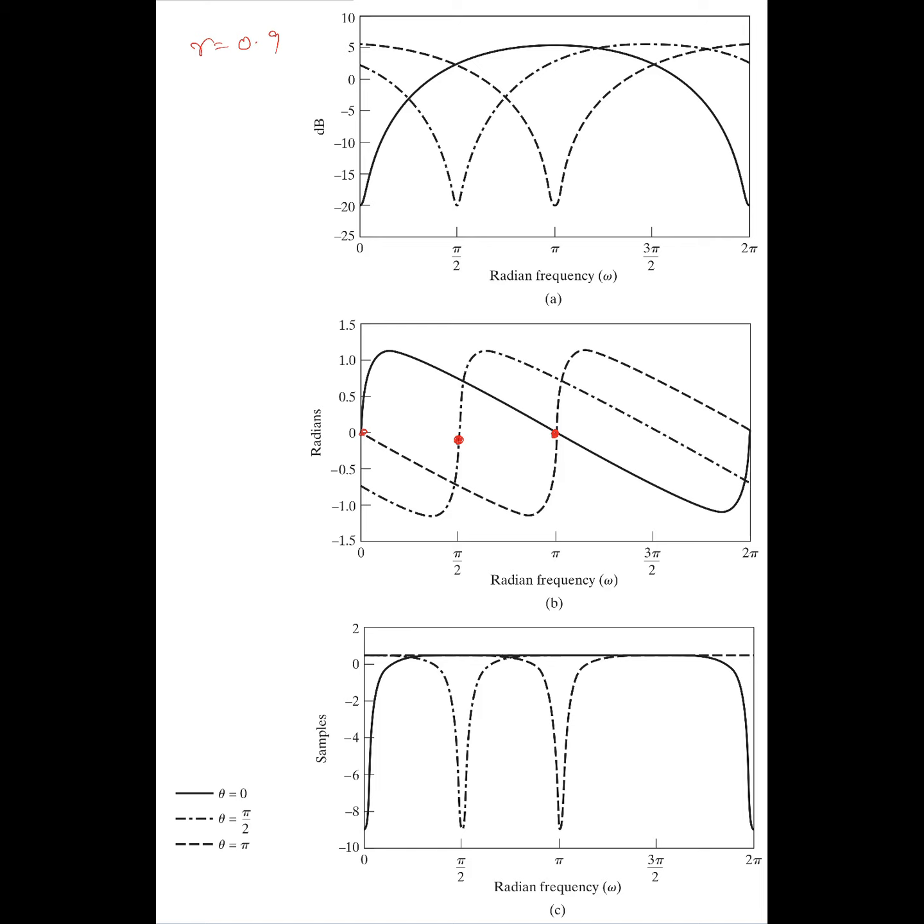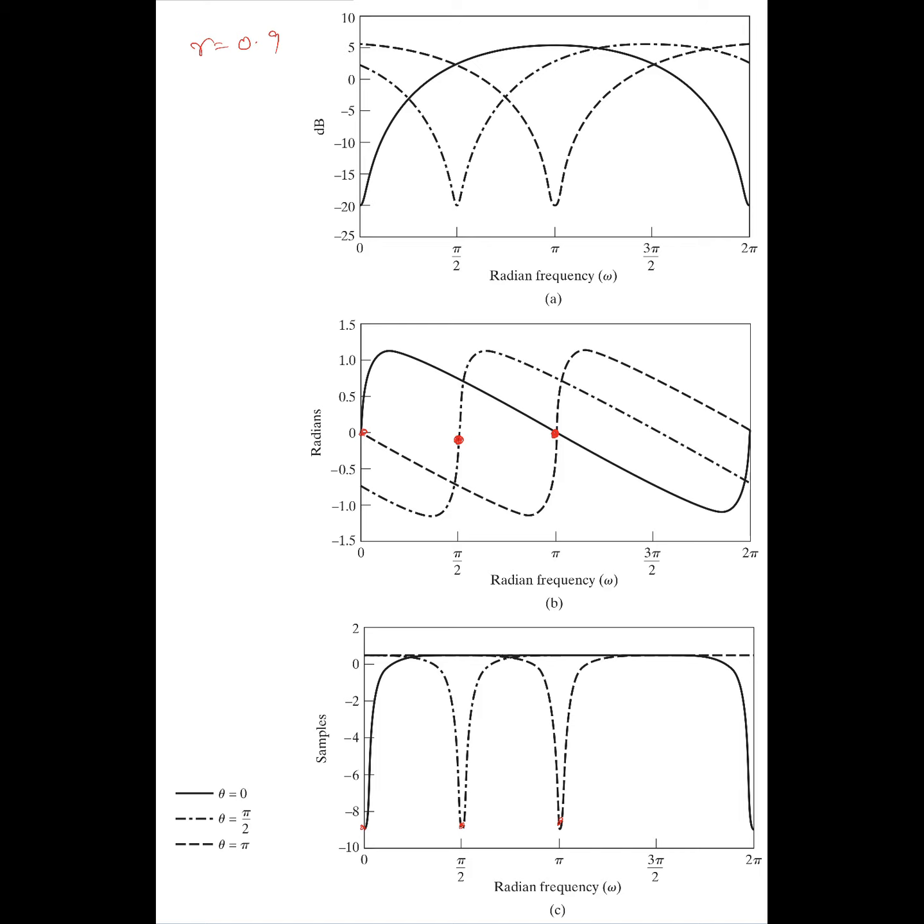So this is for the dashed dotted line, and this is for the solid line, which is theta equal to 0. Here you see the large peaks in the group delay function at omega equal to theta.